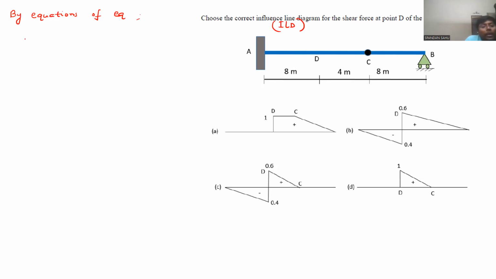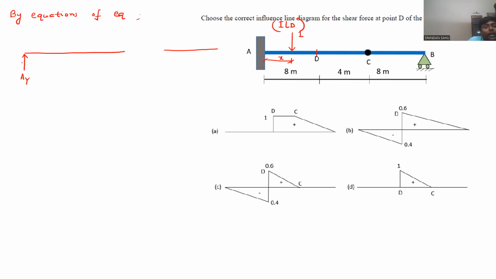Now I am drawing the free body diagram. This is point D. I am placing this 1 unit load which is moving. Now it is at a distance of x meter from this fixed support A. When we are drawing the free body diagram, we can directly draw.